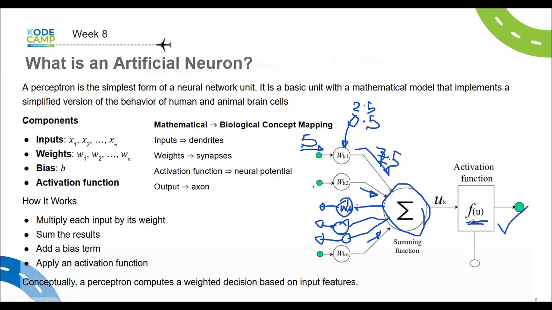Then the activation function, we now have in the artificial neural network a concept called the activation function. We'll talk more about the activation function. But the activation function kind of prevents an output from coming out until this weighted sum gets to a certain value. So you can say that the activation function kind of maps to the neural potential in a biological neuron, right?